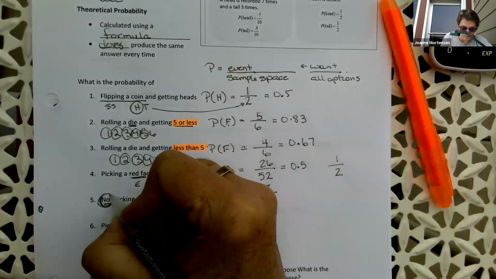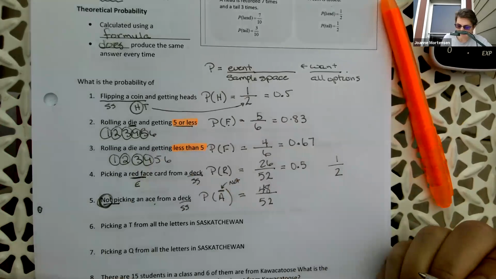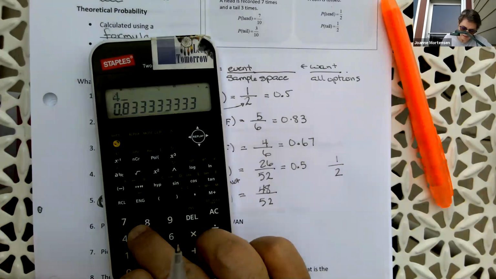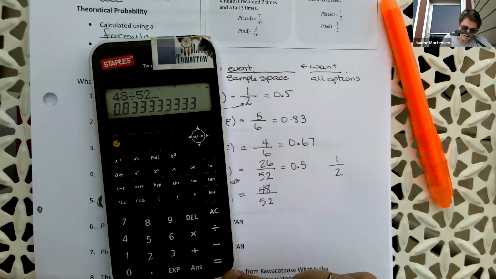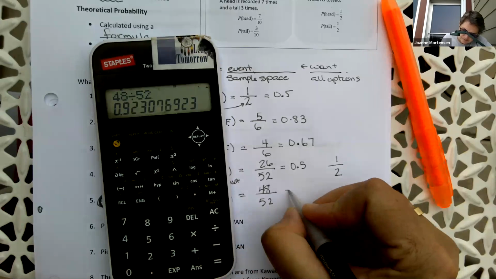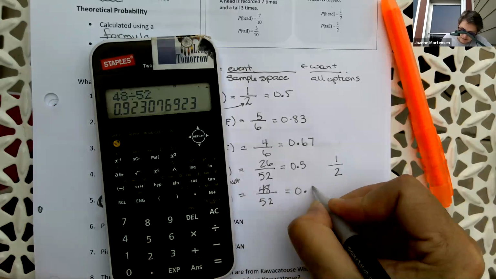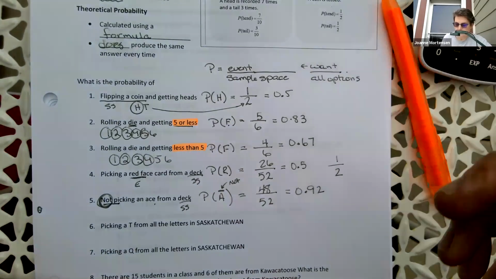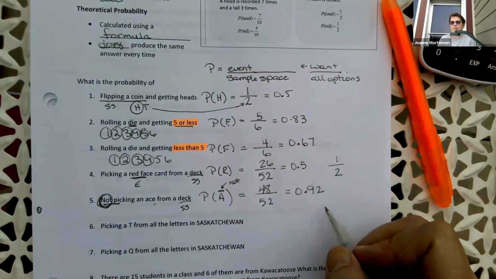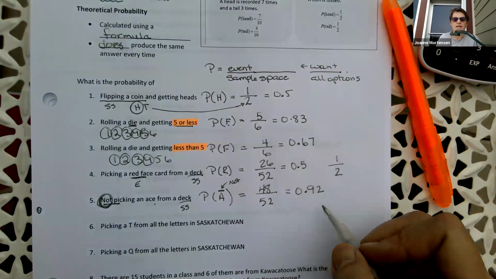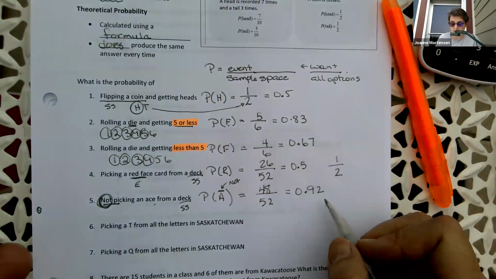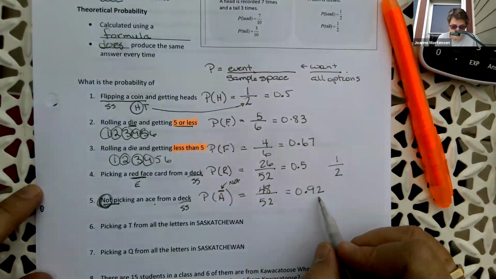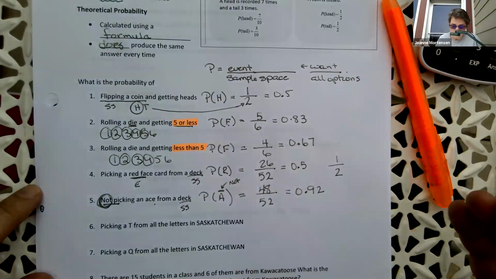So you really got to watch what the question's asking you for. 48 divided by 52 is 0.9. And that makes sense, right? If you're thinking about a deck of cards, the chance of not picking an ace should be pretty high, because most of the cards aren't aces. Always think that through.